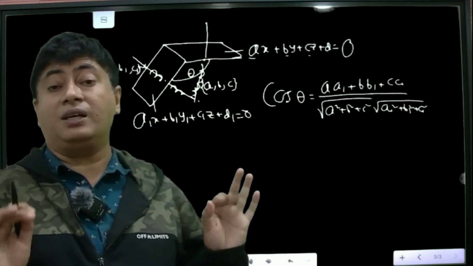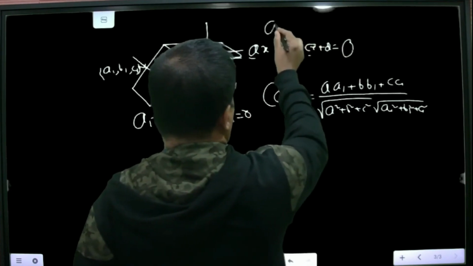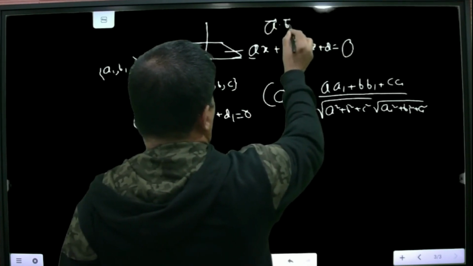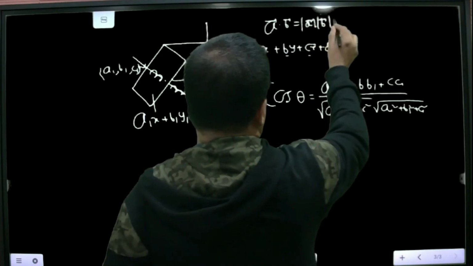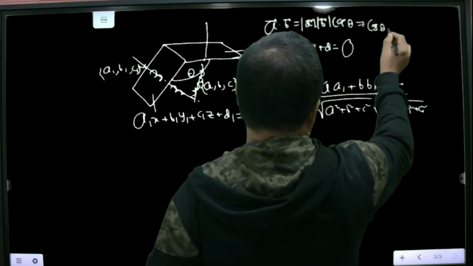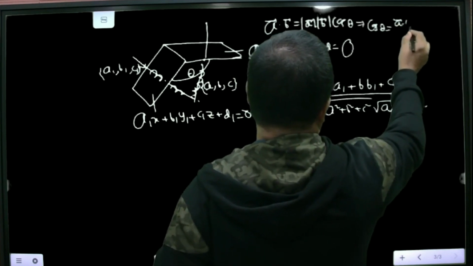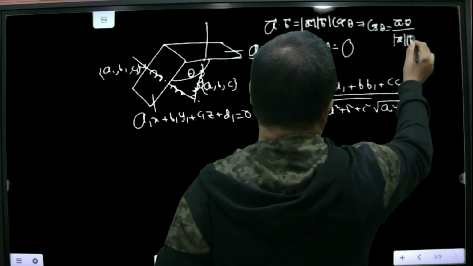From where did we get this? We get this from the formula of vector. Hope you can remember: a dot b is equal to mod a mod b cos theta. So cos theta will be a dot b by mod a mod b.